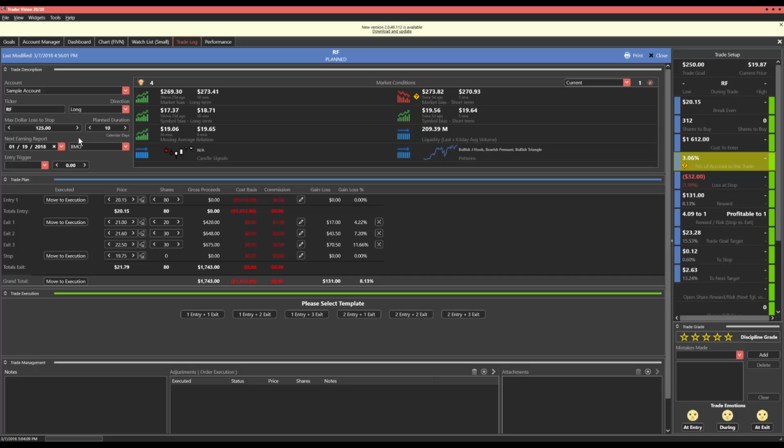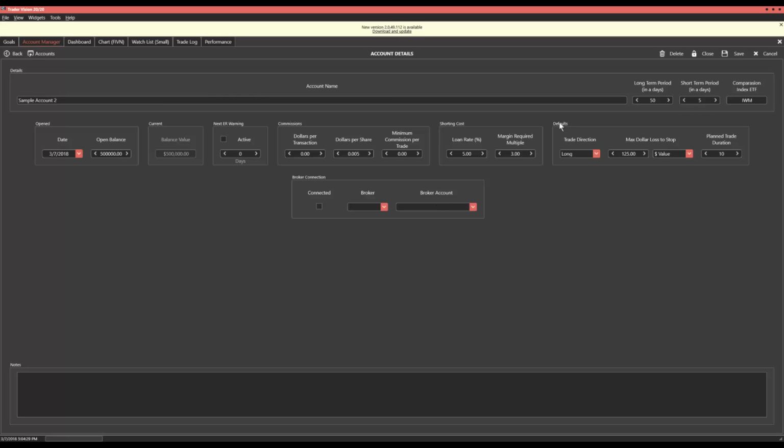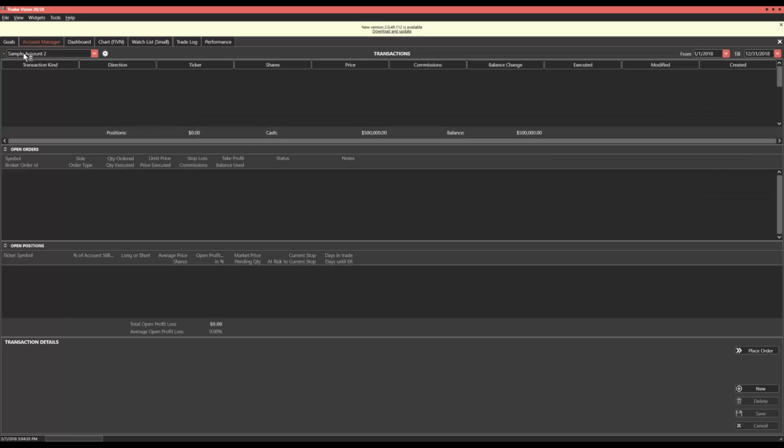So if you had planned out a trade with $125 max loss, let's say, and then you change the account values, you're setting the default for future trades, and it says default in there. So Account Manager details, it's setting the defaults, and that means defaults for future trades. That doesn't mean go back and reset all the existing trades.